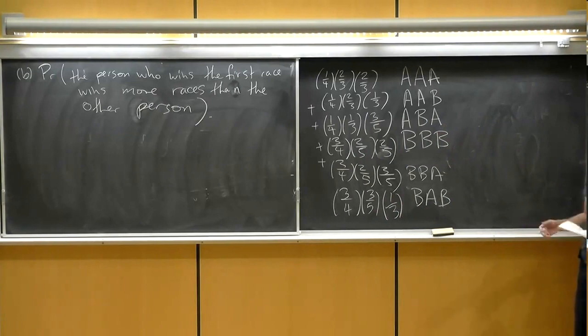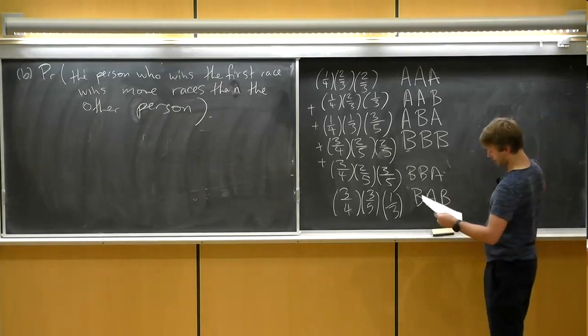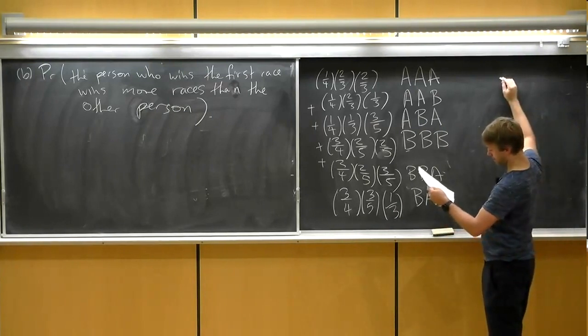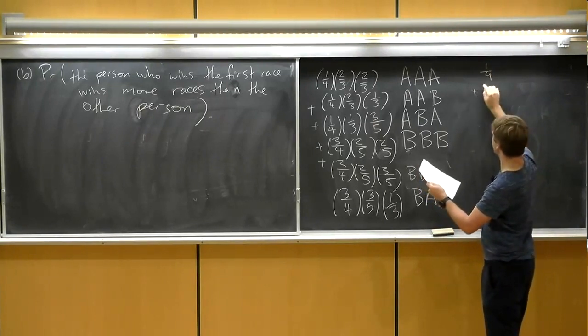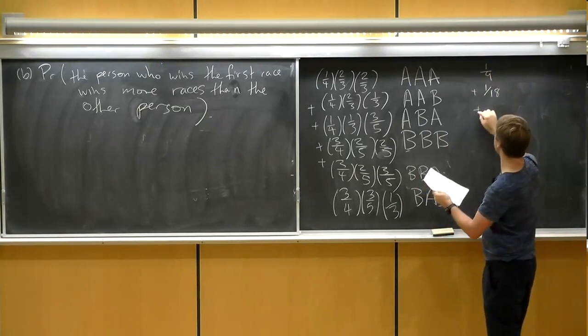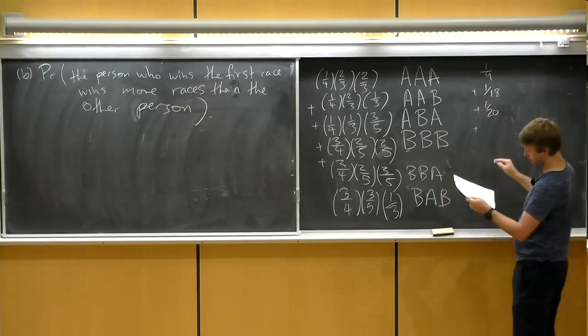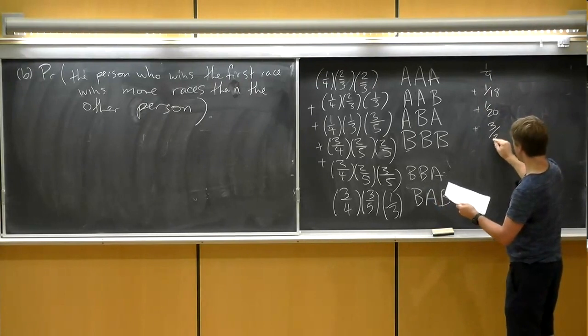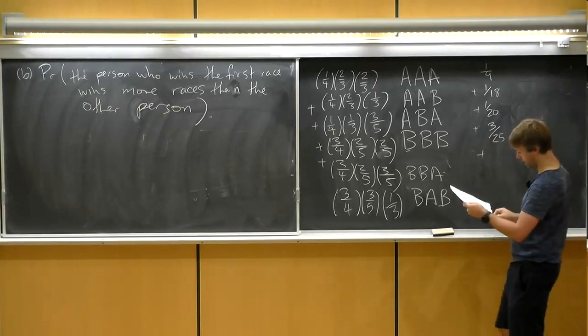You can see these calculations get pretty long, but there's not much we can do about that. So 1/9 plus 1/18, 1/20, 3/25. I don't think I computed all of these.